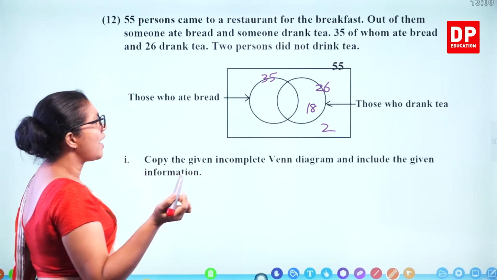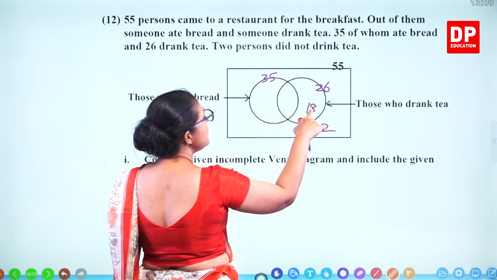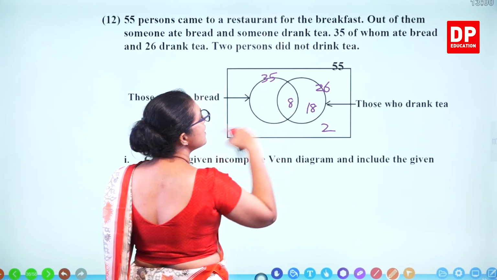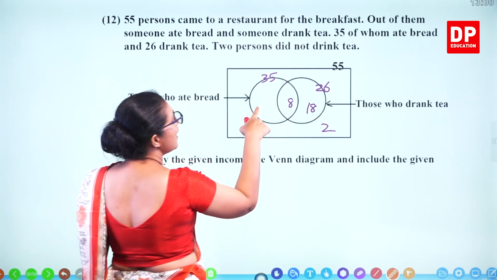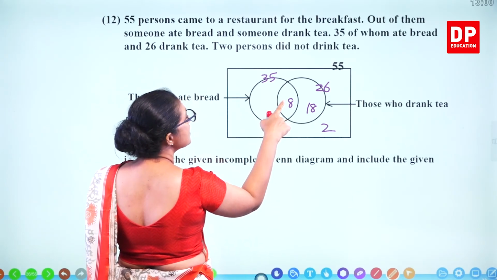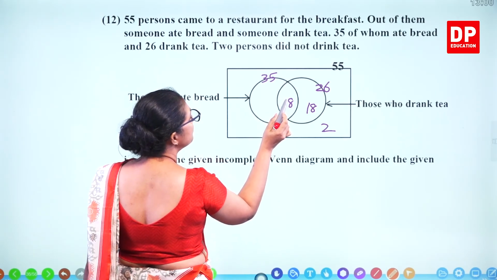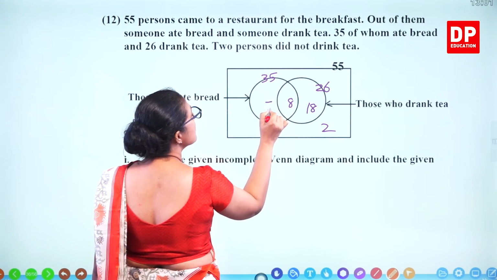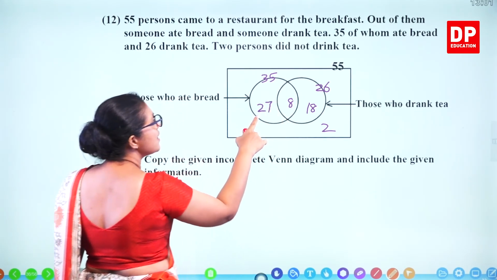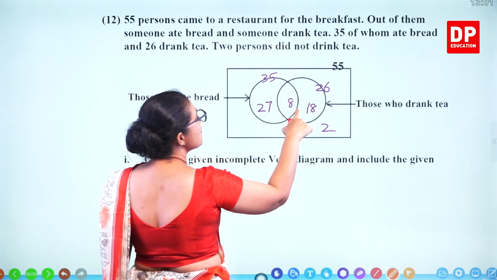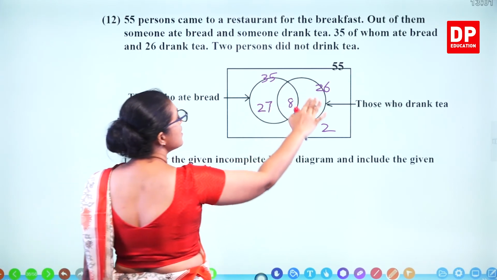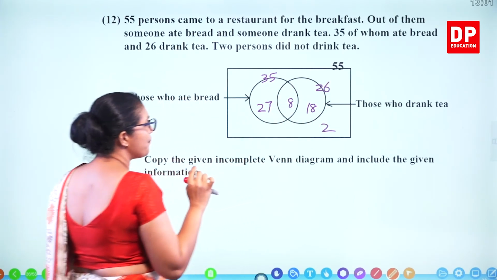And if this is 18, subtract this one, you get 8 here. And 35 minus 8 is 27 here. So 27, 8, and already you get everything 55.